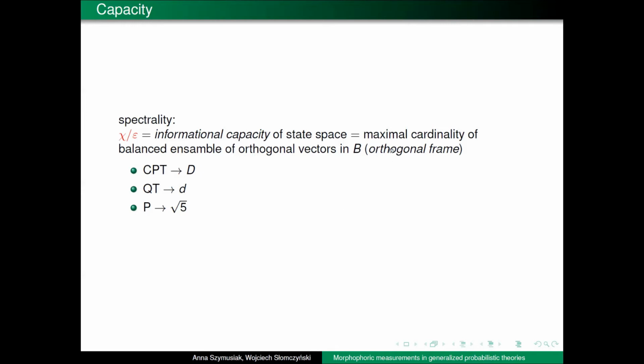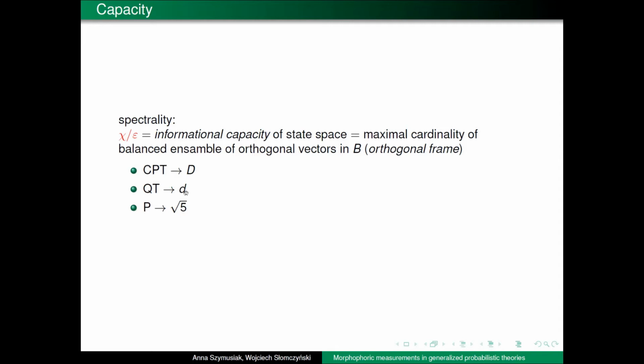We can call this an orthogonal frame. For classical probability theory, it's just the dimension of the space. In quantum mechanics, the real dimension of the space is d squared, but this capacity is just d, because it's the maximal number of orthogonal vectors.